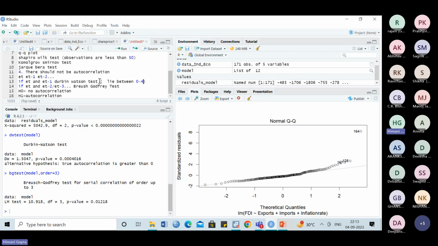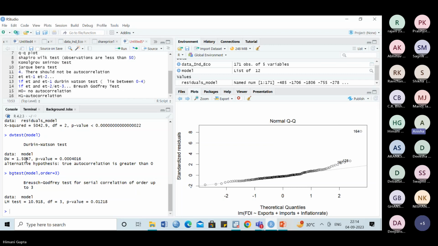But if the value is 0 or 1 or between 3 or 4, we are not okay. So we will say there is autocorrelation, and you will observe over here your Durbin-Watson test value is 1.5. So either you can check with the Durbin-Watson test value or you can check with your p-value. It's one and the same thing. Both will be giving you the same results.